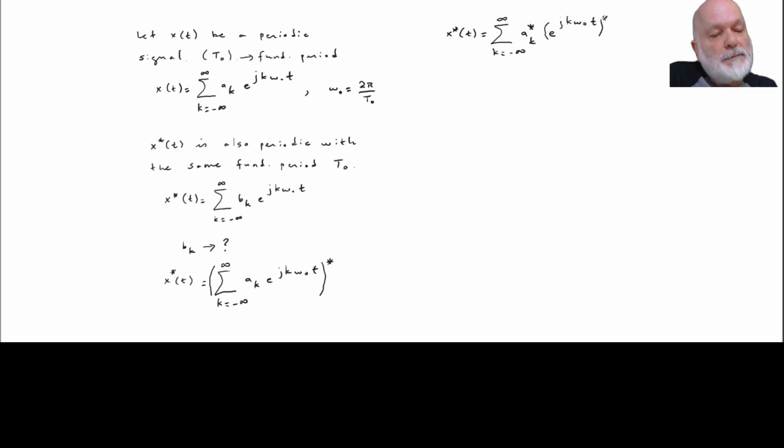But the complex conjugate of the complex exponential is simply e to minus j k omega 0 t.